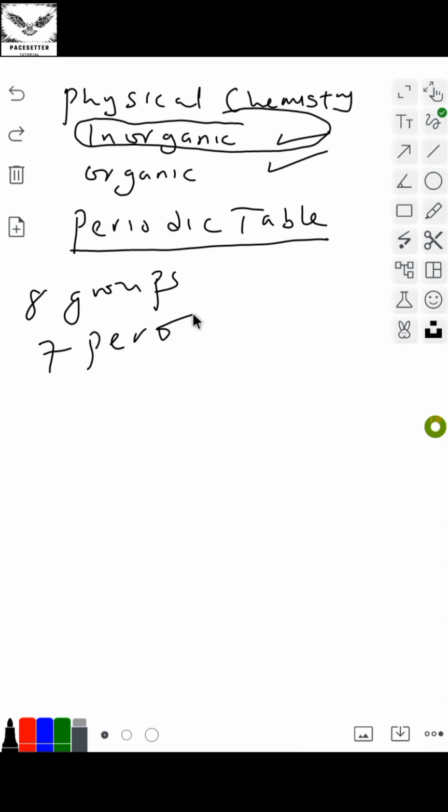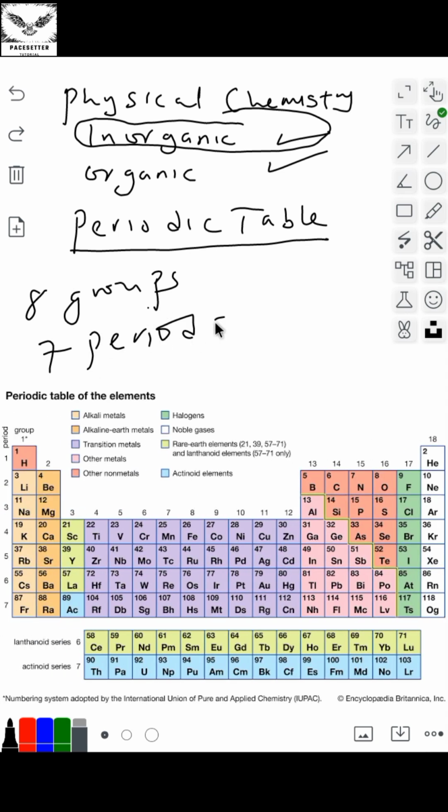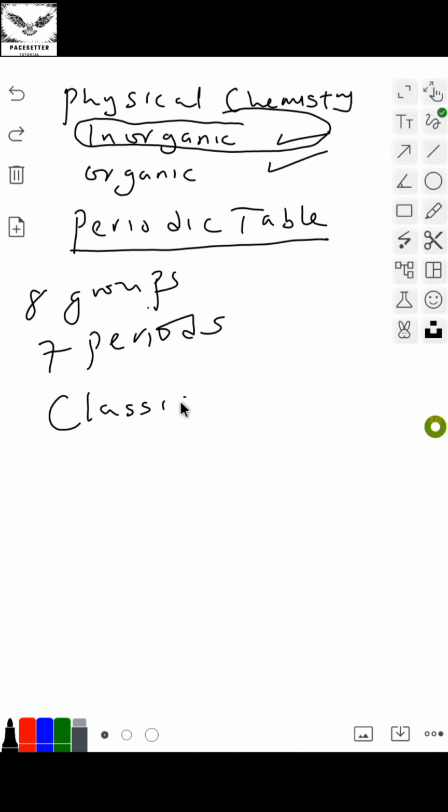Talking about the classification of the elements in the periodic table.